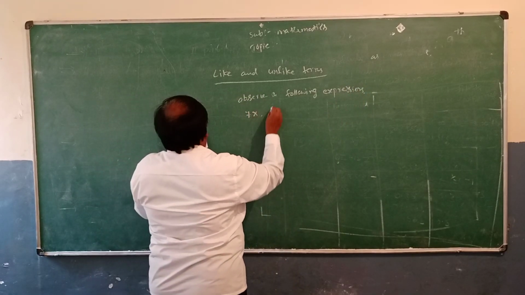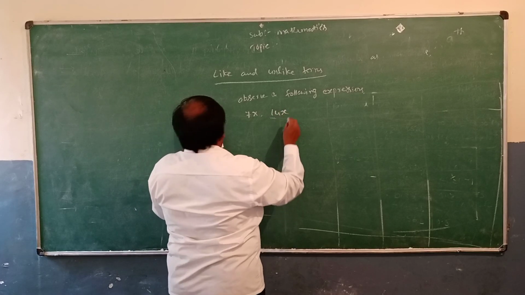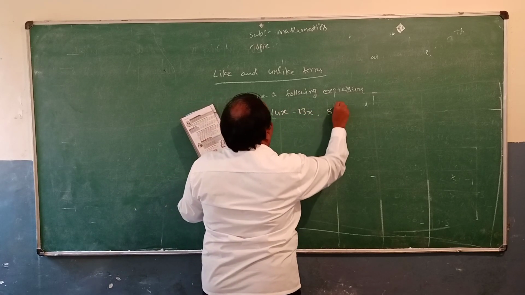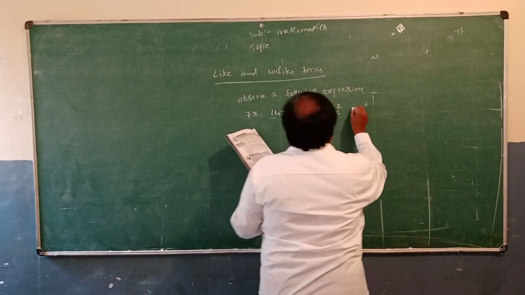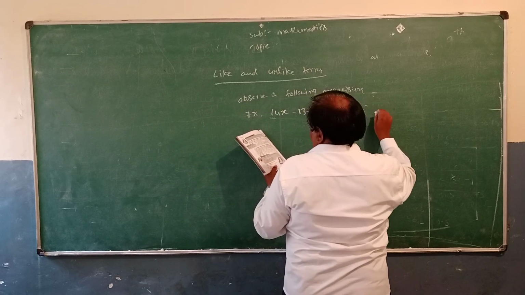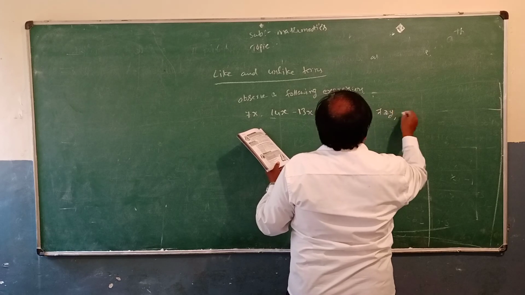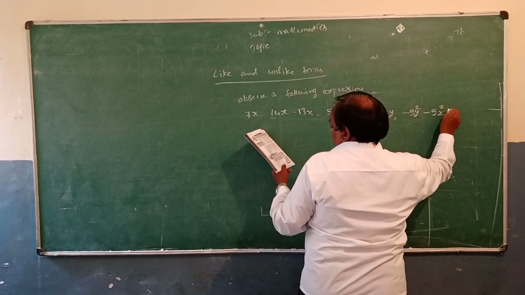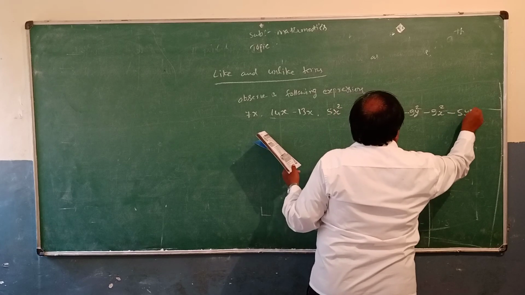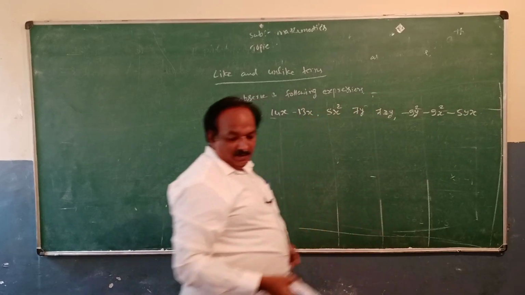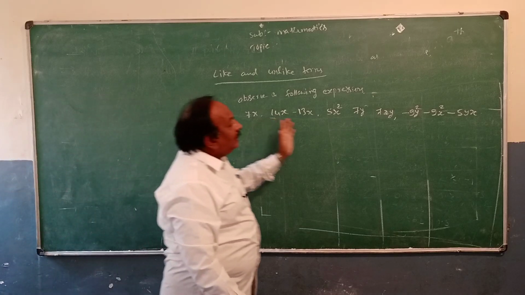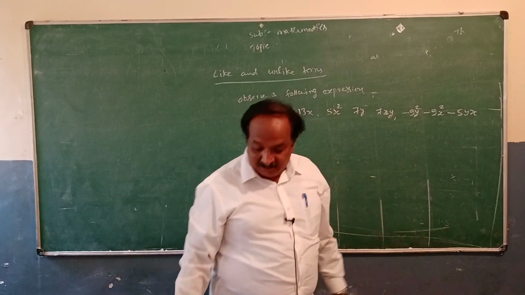7x, 14x, minus 13x, 5x square, 7y, 7xy, minus 9y square, minus 9x square, minus 5x. Well, students, we have to classify these into like and unlike terms.